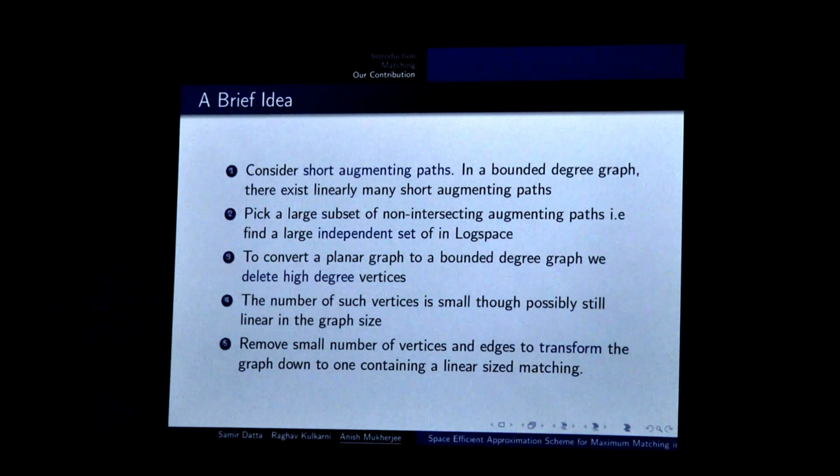So to ensure that we still have a large matching after we delete all these high degree vertices, we somehow transform this graph to another graph which contains a linear size matching. It will be clear. So this is the basic idea for the two theorems.